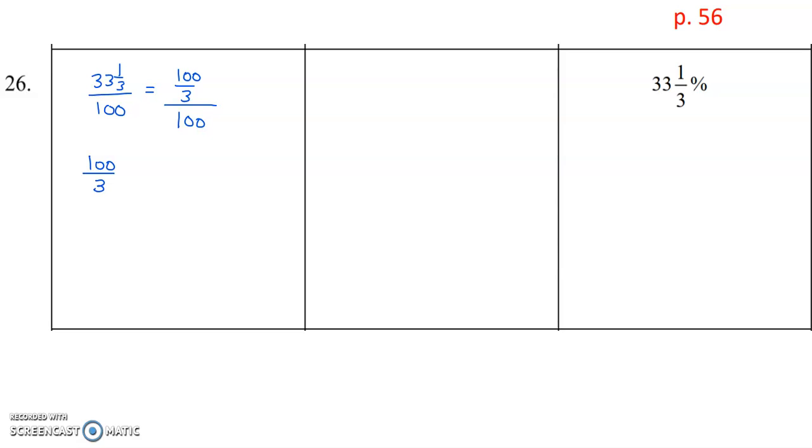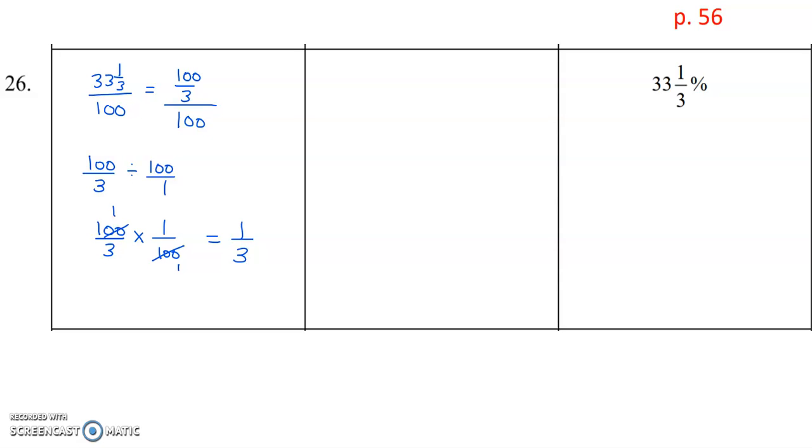So we're going to take our time to set this up, and then we're going to keep, change, and flip, getting us down to 1/3. So as a fraction, 33 1/3% is 1/3.